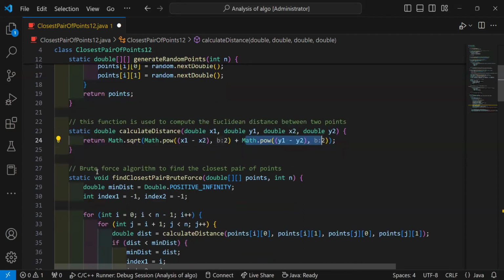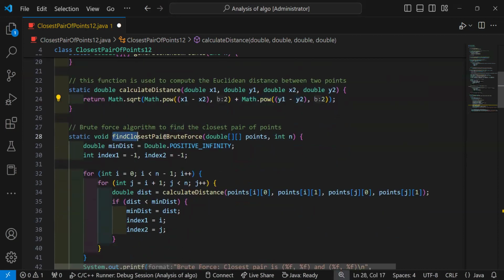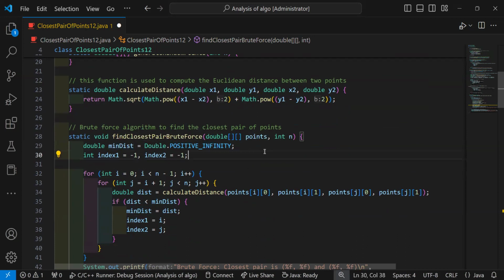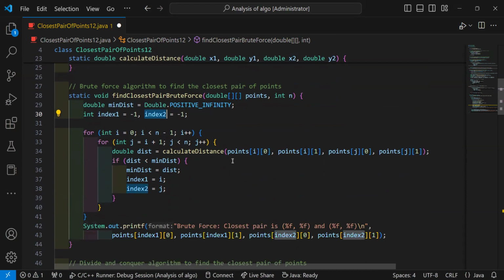Let's move on to the brute force algorithm. This is the method find closest pair brute force. For finding the minimum distance, it finds the closest distance between 2 points so far. Index 1 and index 2 are the indices which store the minimum distance.